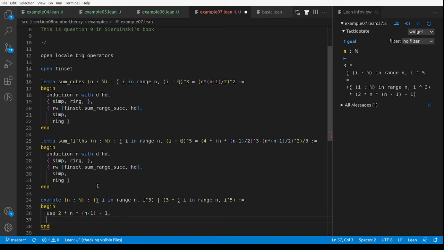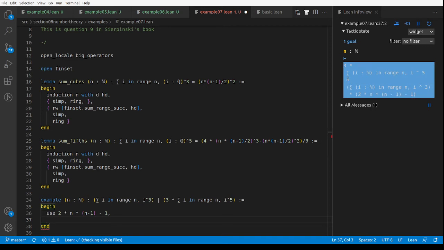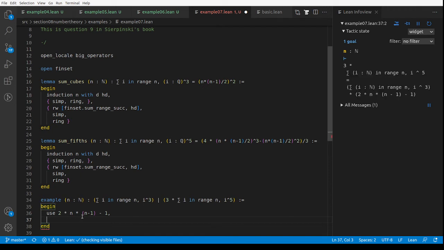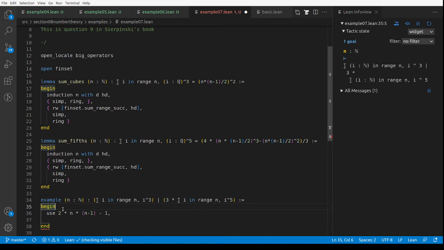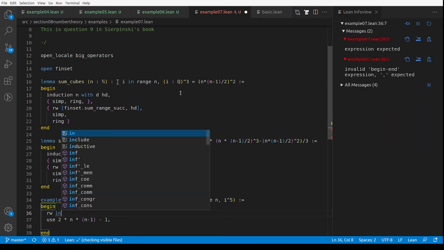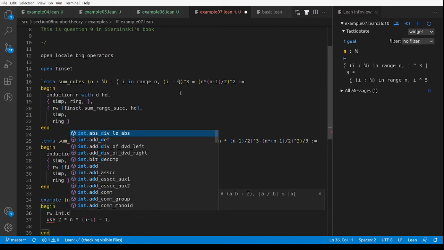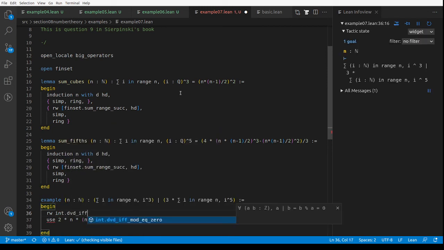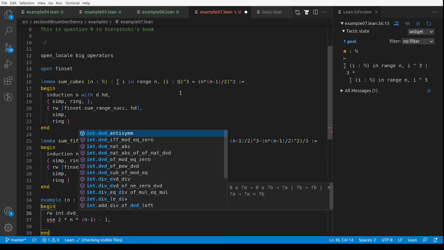And now I've got to prove this equality of naturals. I've got a natural subtraction. That's horrible. Ooh. Do you know what? I'm gonna rewrite that. Rewrite int div dvd iff. What was that? Where was that one about?